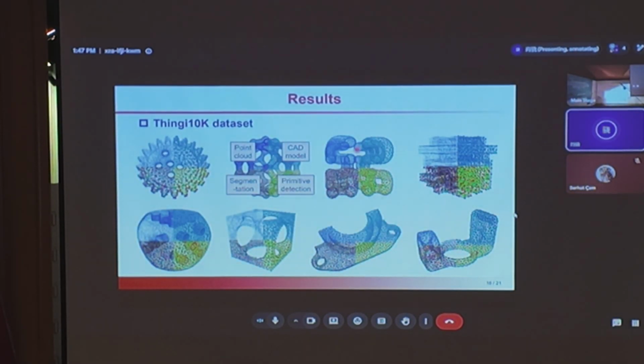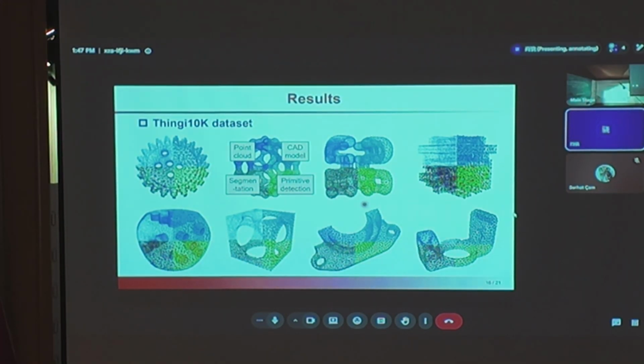This point data has very high complexity and also varying scales, and our method is quite robust in reconstructing the lattice structures from this point cloud data.